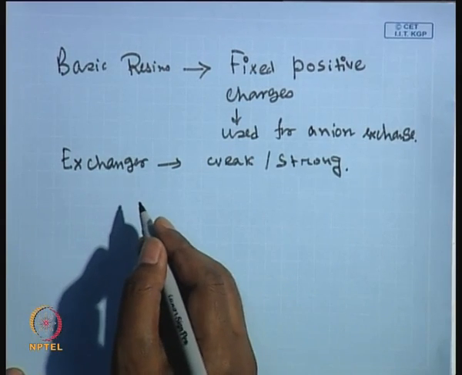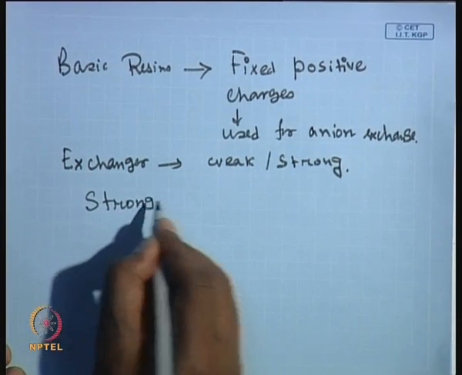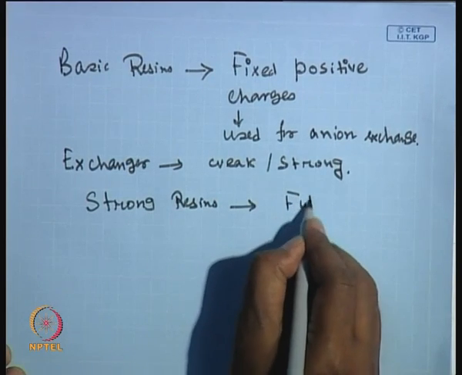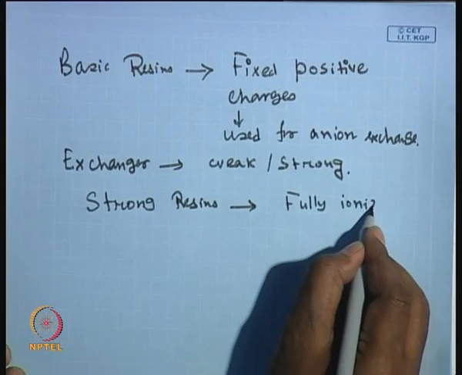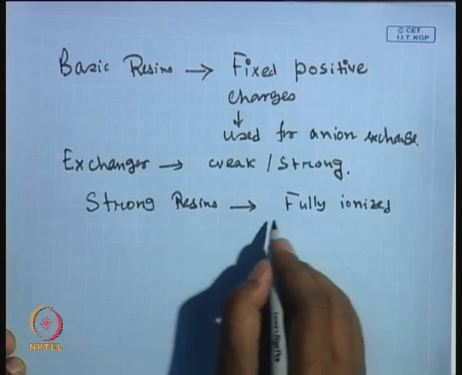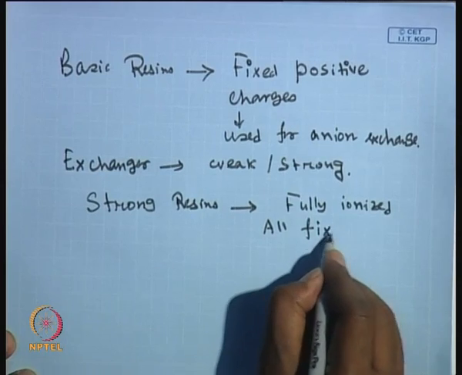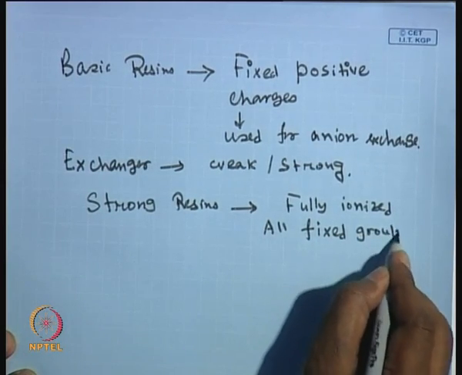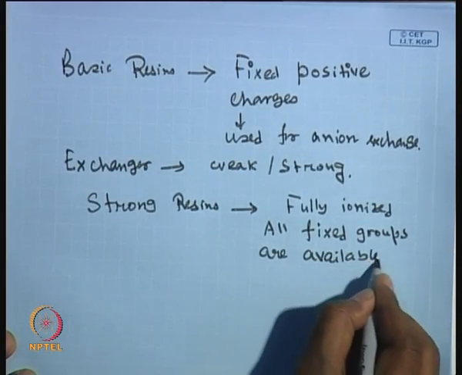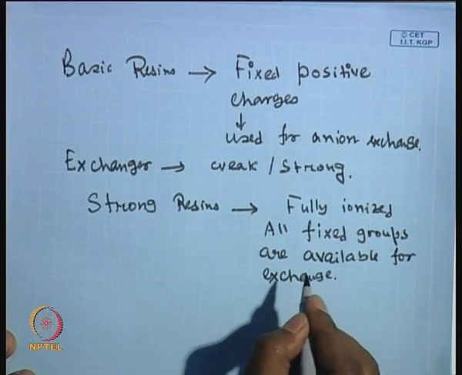Strong resins are generally fully ionized, and all fixed groups are available for exchange.